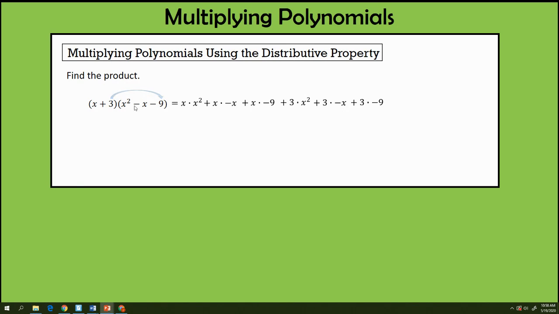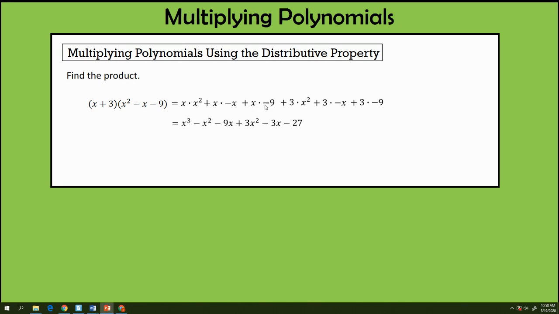So once we've distributed the x through and the 3 through, now it comes time to go back here and simplify. Okay, so look, here's your first product, x times x squared. So this is x to the first times x to the second. When you multiply powers with like bases, you add exponents. So we're going to get x cubed. Okay, x cubed right here. And then this is a positive times a negative, so it's negative. x times x is x squared.